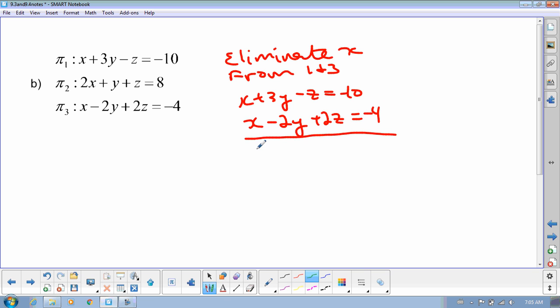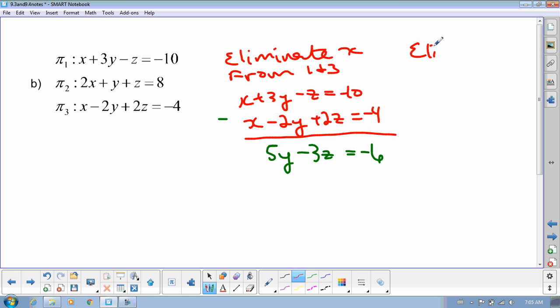So when I eliminate x, it won't be a plus because the x's are the same. So I have to subtract. So x minus x goes away. 3 minus negative 2 is 5y. Negative z minus 2z is negative 3z. And negative 10 minus negative 4 is going to be negative 6. So that was my first elimination of x.